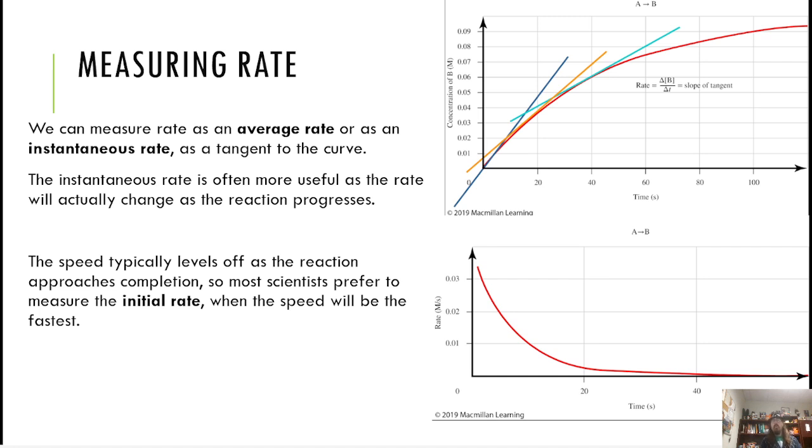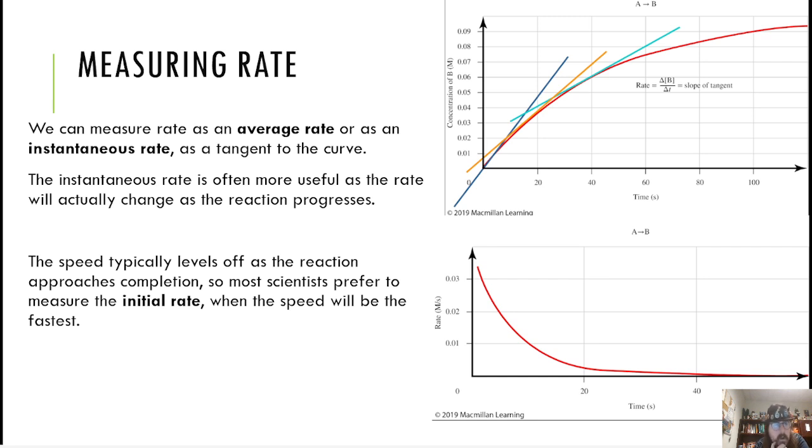Now, as we measure the rate, we could easily measure the average rate, but the average rate does not give us a good overall view, because especially near the end of the reaction it is moving incredibly slowly, reaching that asymptote where it can't go any higher, and so it's just going to peter off to almost zero reaction.